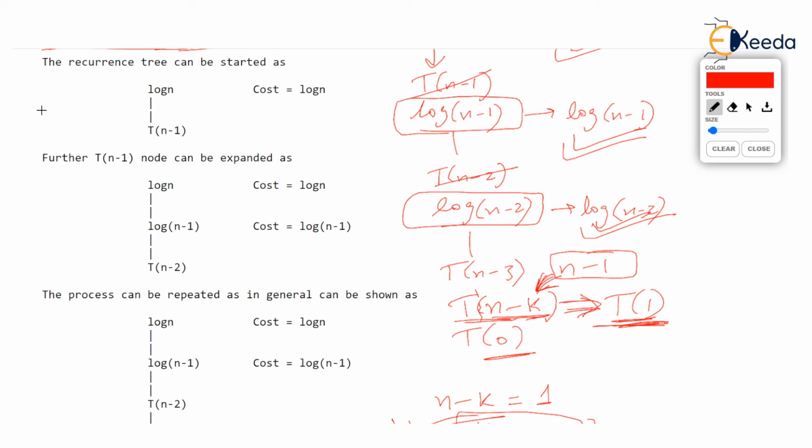The last level is going to be log of 1, isn't it? Because our base case is T1. I hope you're understanding. The last level is going to be log of 1.